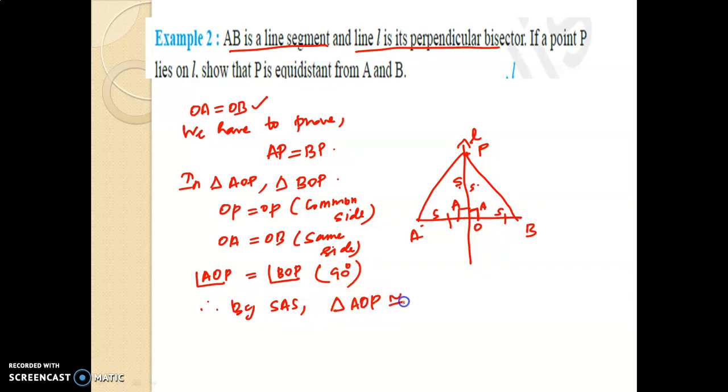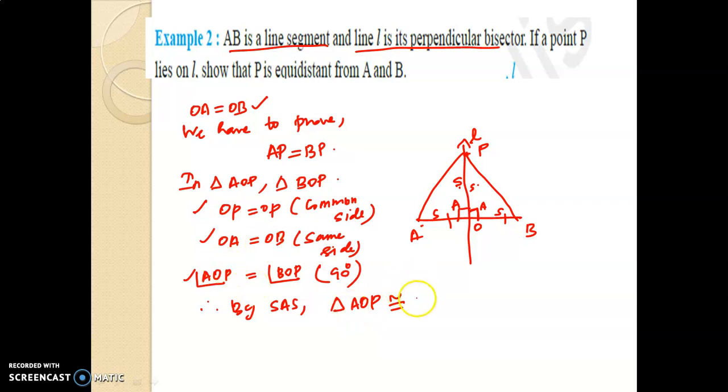AOP is congruent to, so look here, when you are writing the congruency relation, the order is very important, the order should be the same. On the left hand side you can write in any order, either AOP or POA or OAP, that's your choice. But on the right hand side you should write according to this concept. Now OA equal to which one?